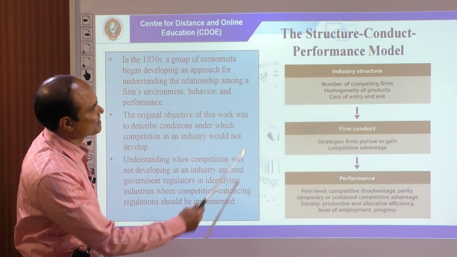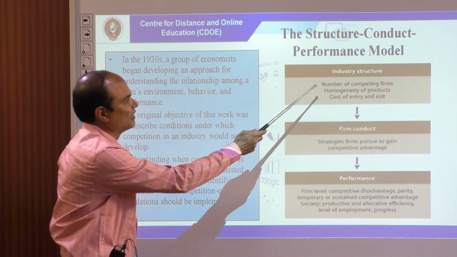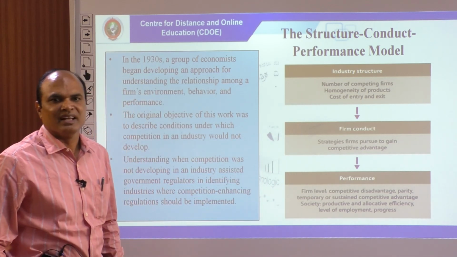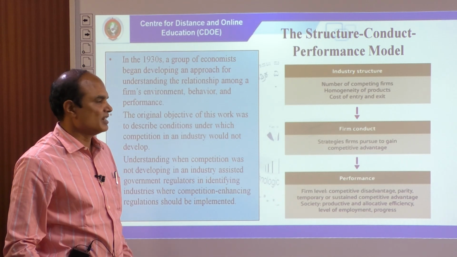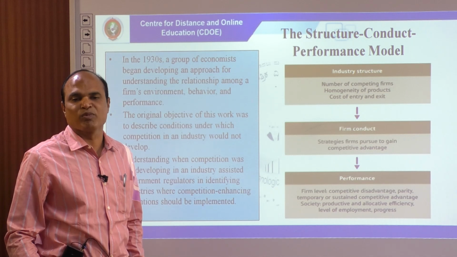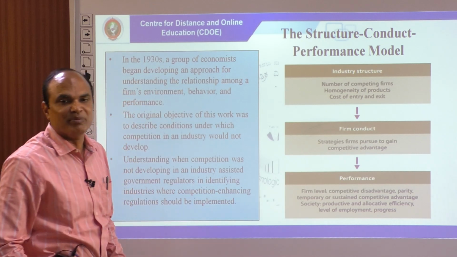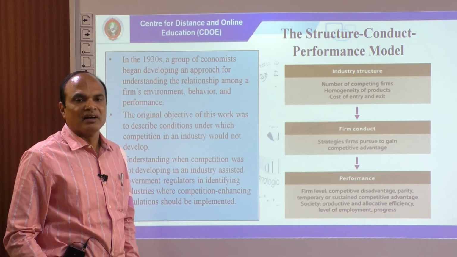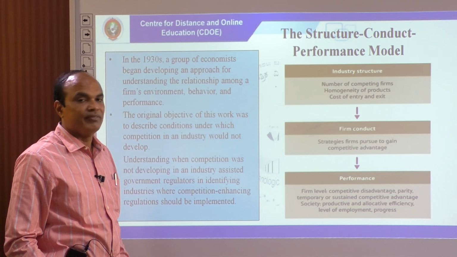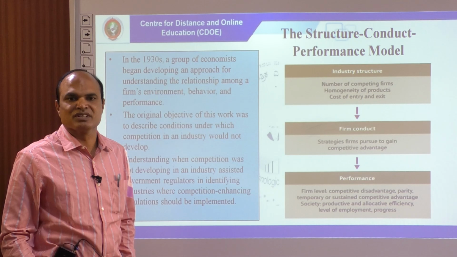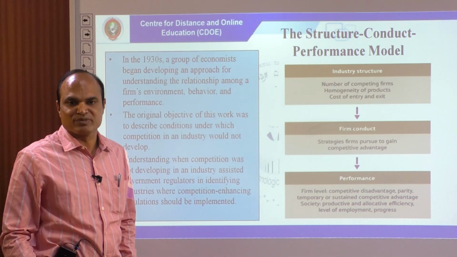So, let us understand what this SCP model is. To start with, there is the industry structure: the number of competing firms, the homogeneity of products, it is not the heterogeneity, it is the homogeneity of products, and then the cost of entry and exit that limits the industry structure. For example, in a shipping company, it is very difficult to enter the shipping business because the cost of ships and its fleet is very expensive.